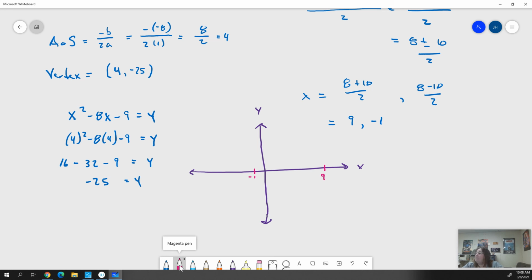I don't have to draw every single point. I know that at 4, which I'll call this 4, right, which is between them, I have my axis. Oops, can't make a straight line to save my life right now. Right, I have my axis of symmetry. The other thing I know is that on this axis of symmetry at 4, -25, I have another point, right?